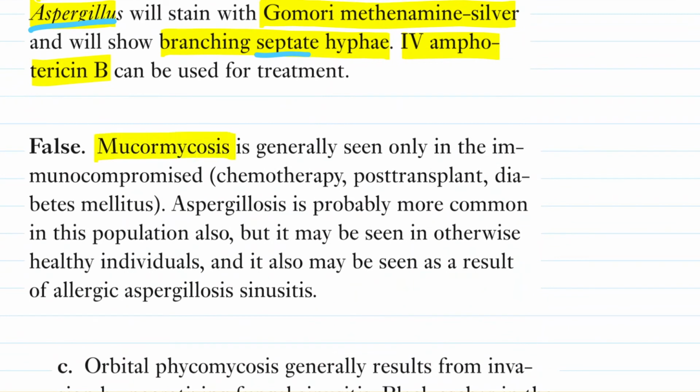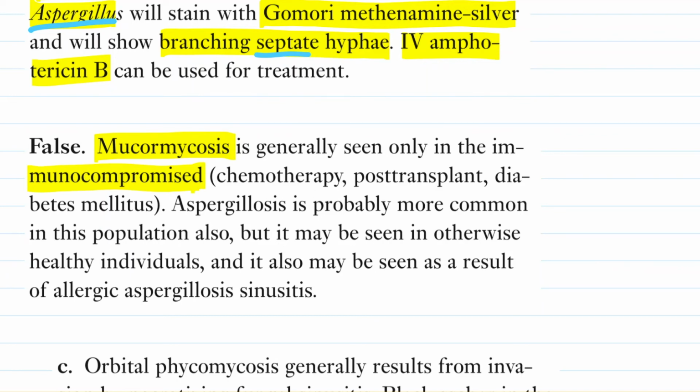Mucormycosis is generally seen only in the immunocompromised. So it's a rare disease to be seen if it's not an immunocompromised patient. Immunocompromised patients could be a diabetic patient to begin with, or it could be an AIDS patient suffering from HIV, so an HIV positive patient.